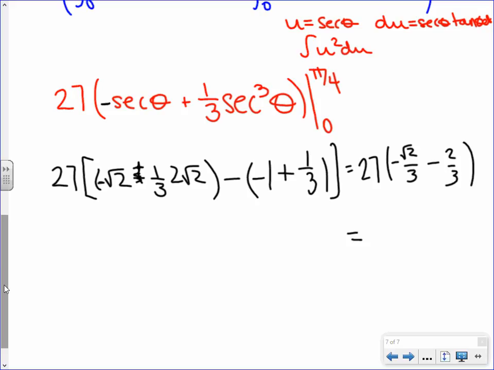Okay, does that look better? Is that better? Secant squared minus 1.